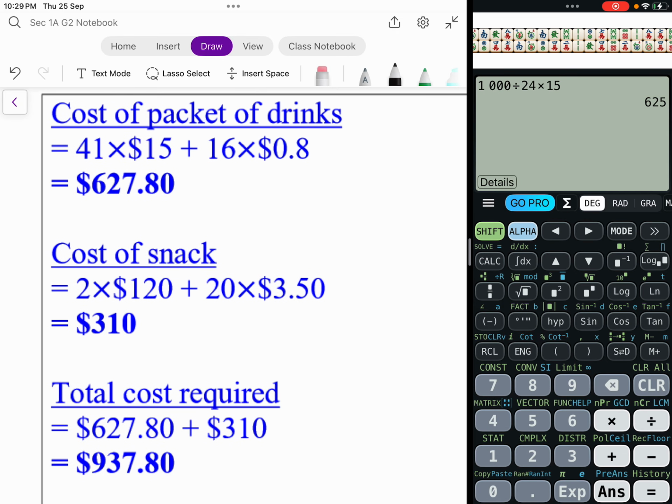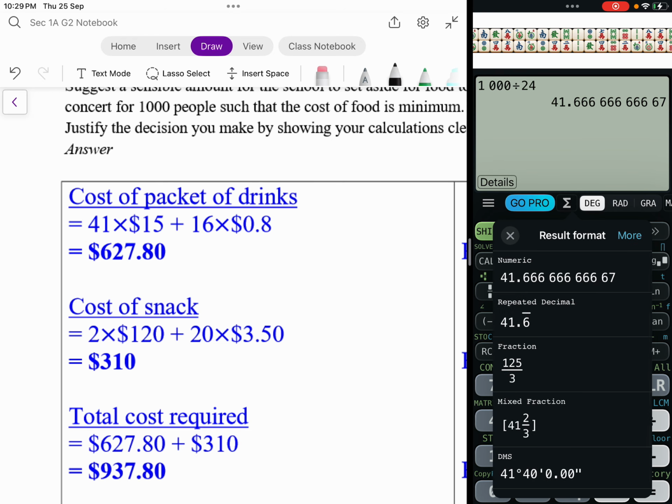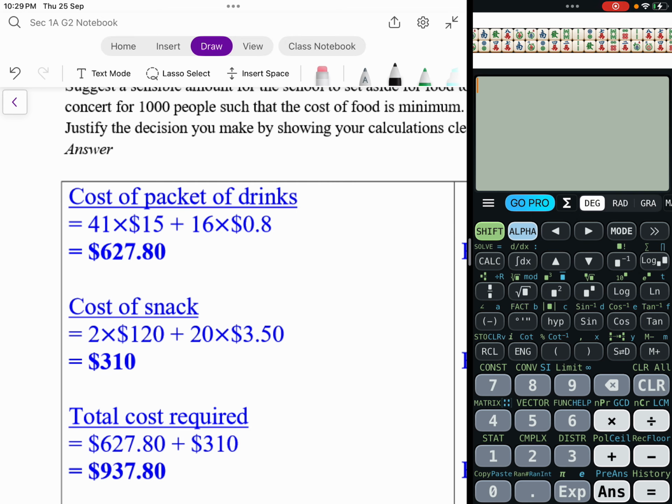Okay, so they want to minimize cost, right? Because just now we calculated 1,000 divided by 24. Okay, so we have a remainder of 0.6, so that means 41 times 24. We need to order additional 16 packs.